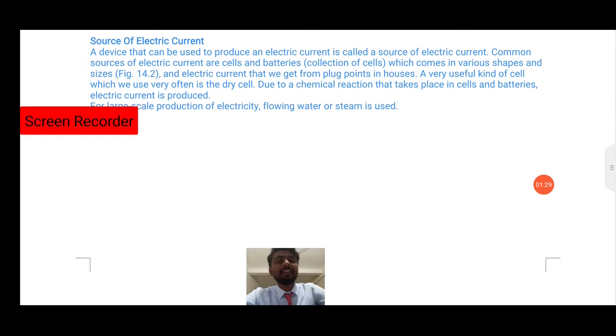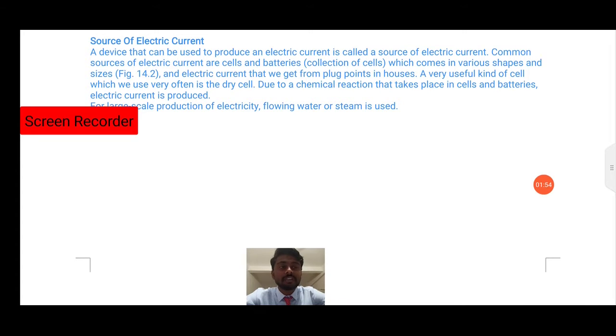So commonly the sources of electric current are cells and batteries, which come in various shapes and sizes. And the electric current that we get from plug points in the houses.